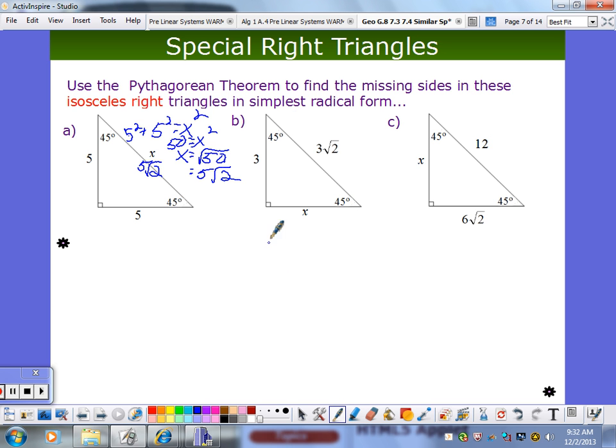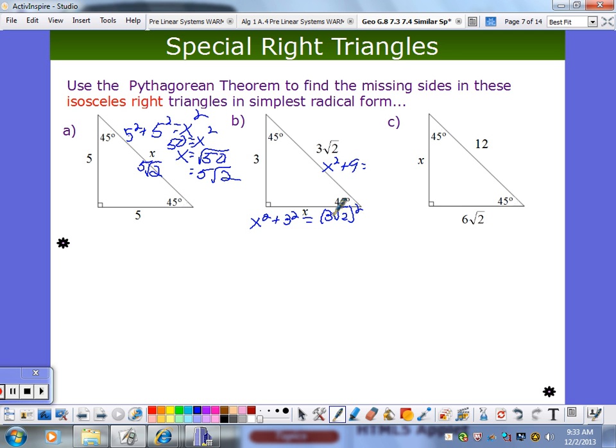Okay. How about this guy? How do I find this square root? Or how do I find x here? Yeah? What do I have here? x squared plus 9 equals, ooh, okay, so what is 3 rad 2 squared?